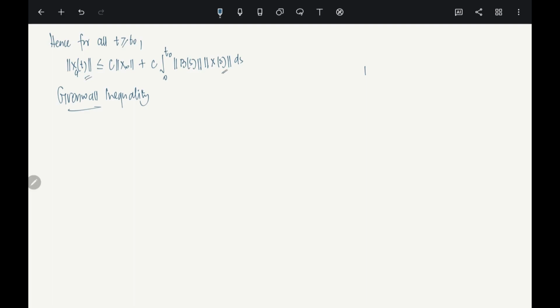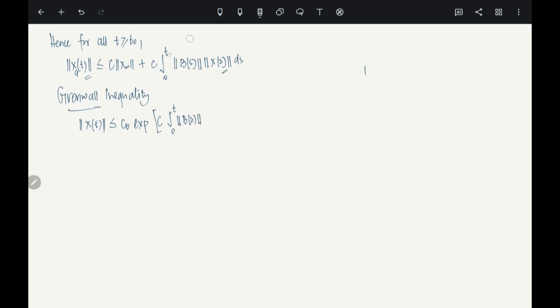So basically if I have to take x out, you can actually use Gronwall. If you use Gronwall, that will give you x of t is dominated by some constant c naught times exponential c times the integral from 0 to t of the norm of b of s.